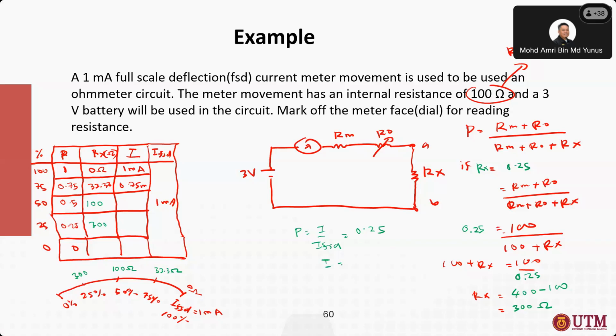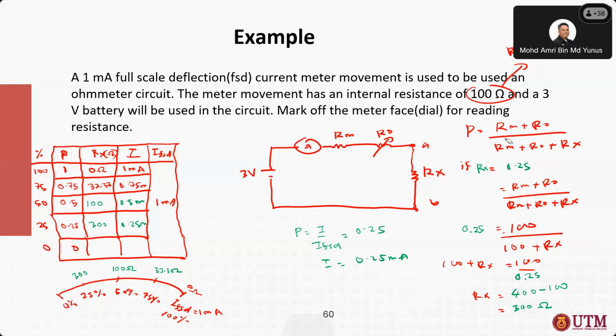So I is equivalent to 0.25 milliamps. Here is 0.25 milliamp, and this is 0.5 milliamp. Right.